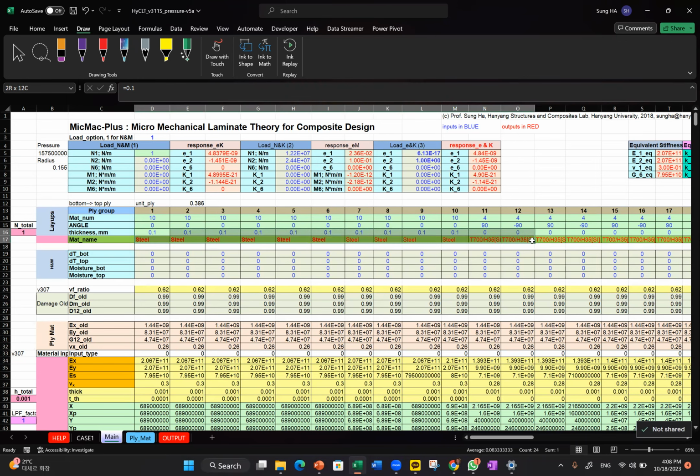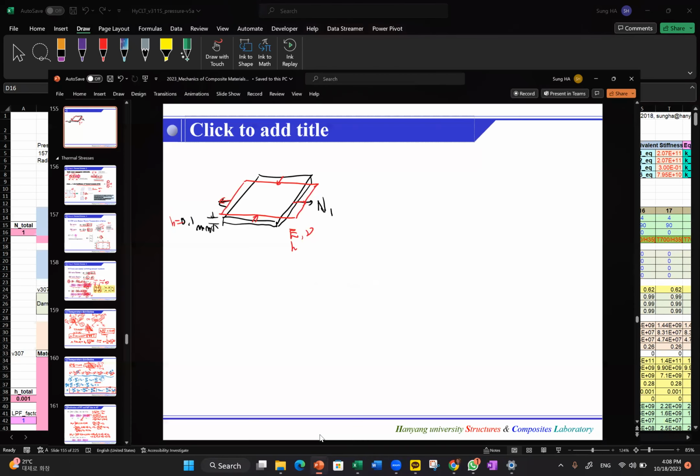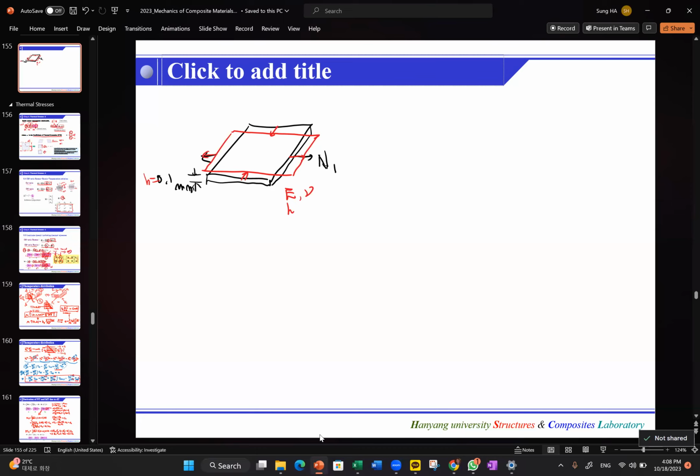Here we have 10 plies. 10 ply means that rather than just 0.1, we're gonna have 0.1 times 10. So we have a 1 ply and second and third and so on.